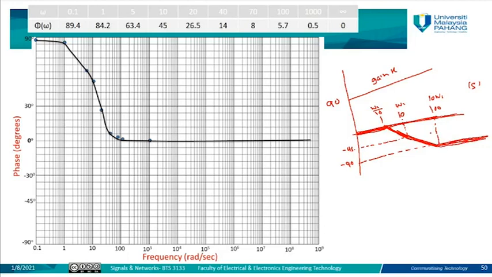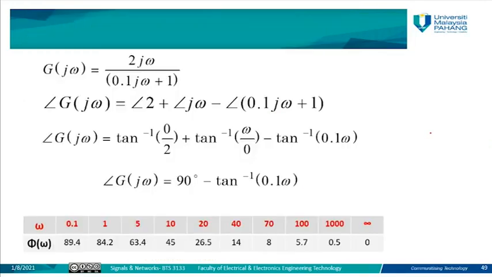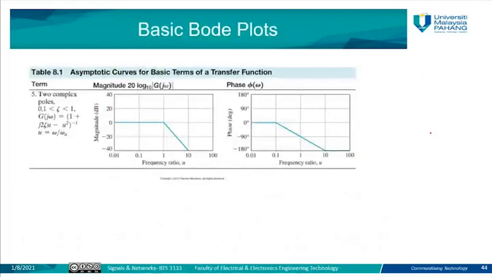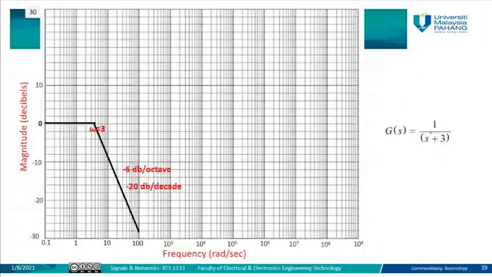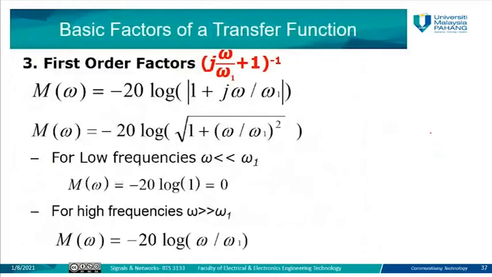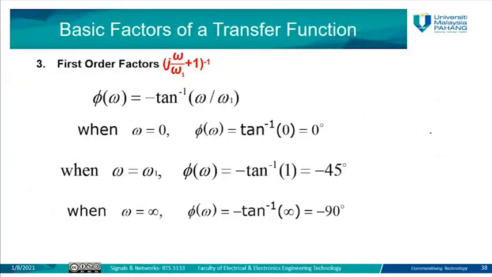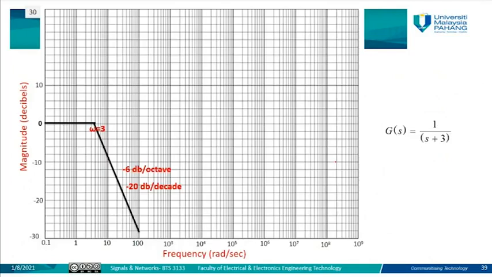From where did we get this information? We already drew it when we calculated for the first order pole. You remember this one, the first order zero, this first order pole. Okay, this is 0, negative 45, negative 90. Then we drew it like this. From 0 to omega equal to 3, this is the magnitude, sorry.